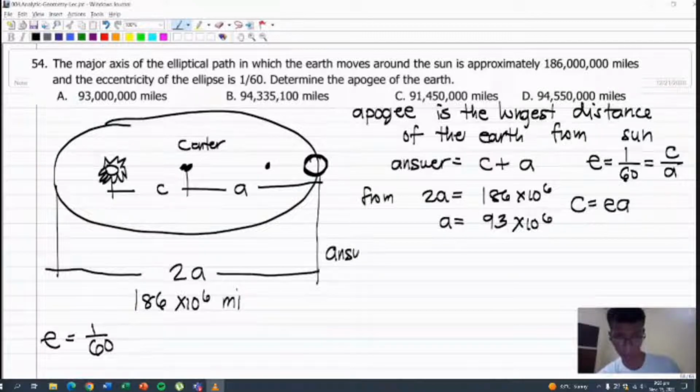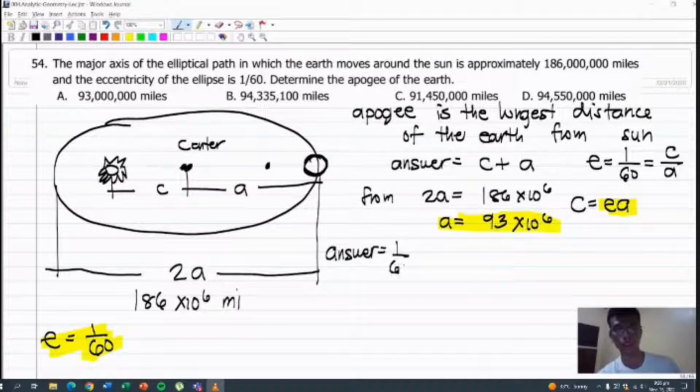So, ito na yung magiging answer natin kasi meron na silang mga value. The value of C is yung E times yung A natin.